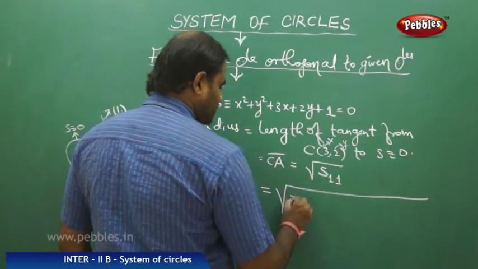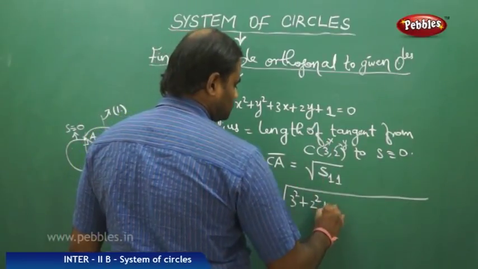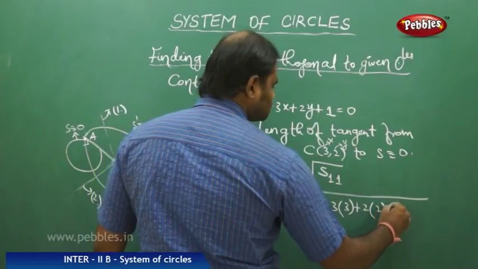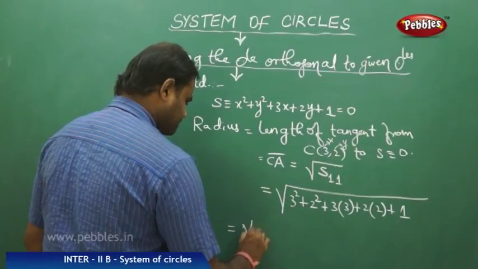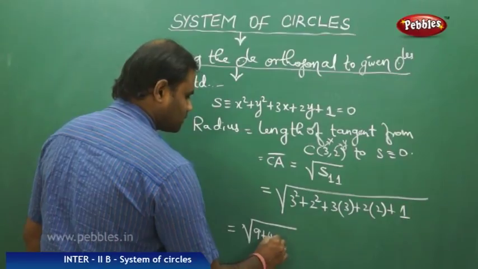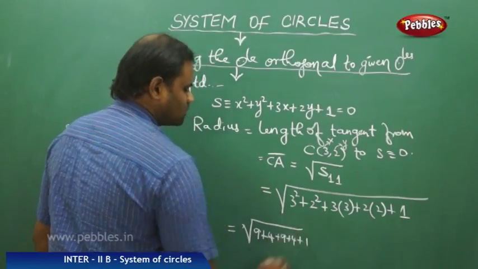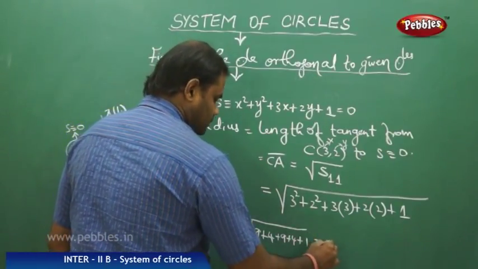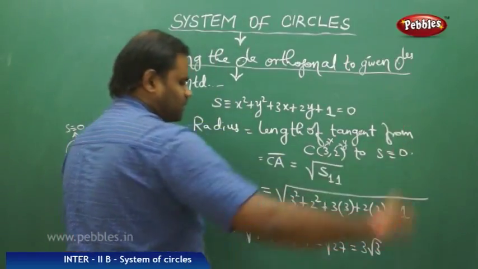So this reduces to x squared, which is 3 squared, plus y squared, which is 2 squared, which on simplification gives 9 plus 4 plus 1, which is nothing but 3 root 3.